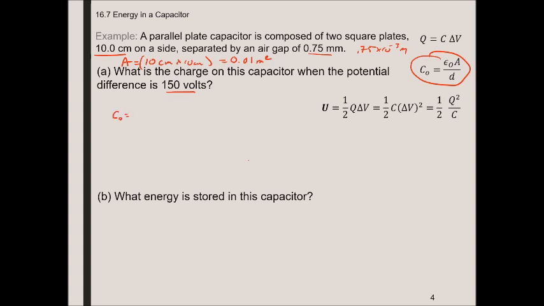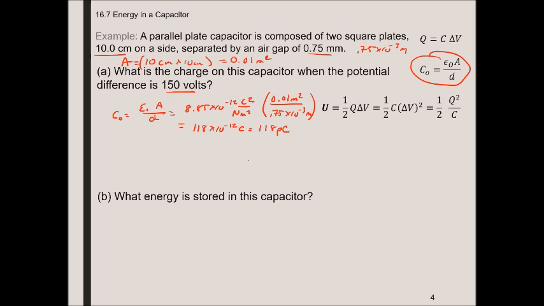So C0 is equal to our permittivity of free space times area over d. So that's going to be 8.85 times 10 to the negative 12th coulomb squared over Newton meter squared times our area of 0.01 meters squared divided by the distance between the plates, 0.75 times 10 to the negative 3 meters. And that gives us a value of 11.8 times 10 to the negative 12th farads. Negative 12th is pico.